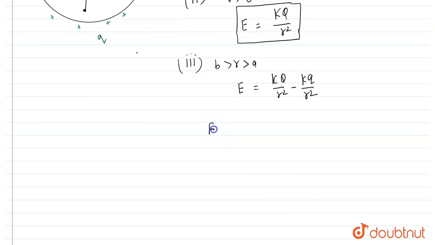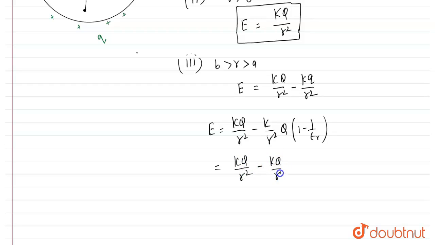So E is equal to kQ upon r square minus kq upon r square. The value of small q is Q into 1 minus 1 upon epsilon r. So we will get kQ upon r square minus kQ upon r square plus kQ upon epsilon r r square.